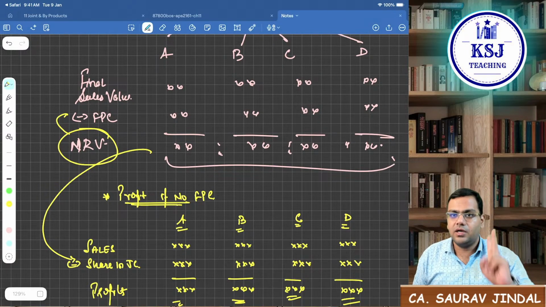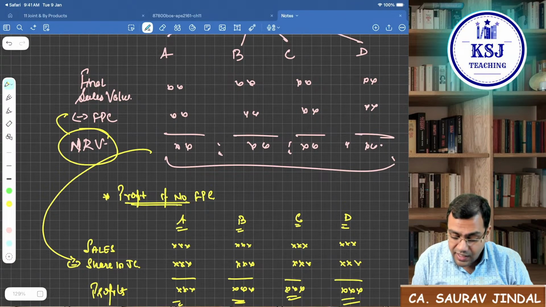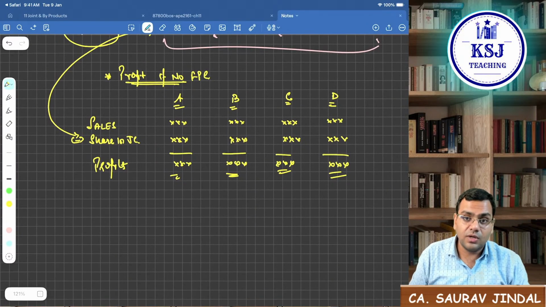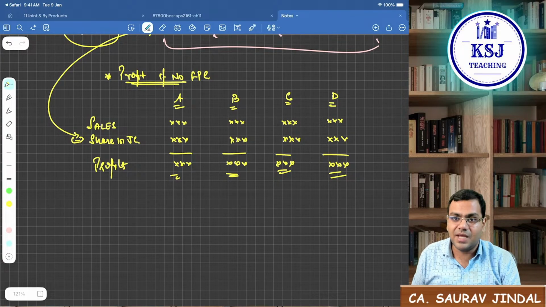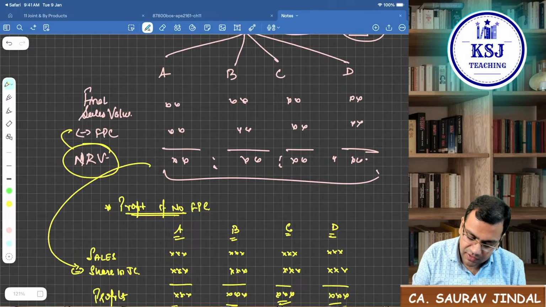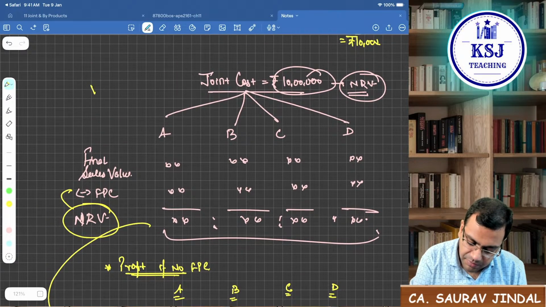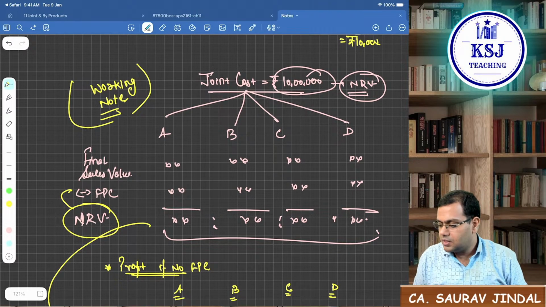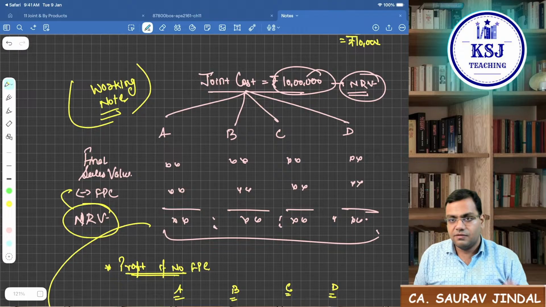Whether you are further processing or not doesn't matter. If they ask you to calculate profit if there is no FPC, it is sales minus the share in the joint cost, and you will prepare a working note for this. Clear? This will act as a working note.